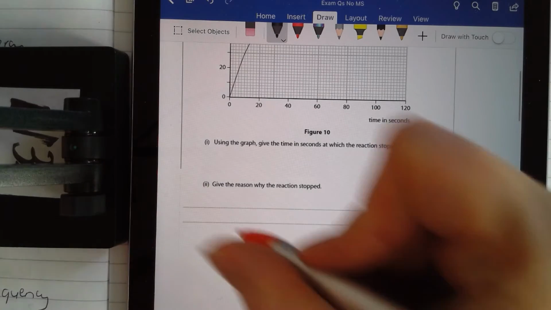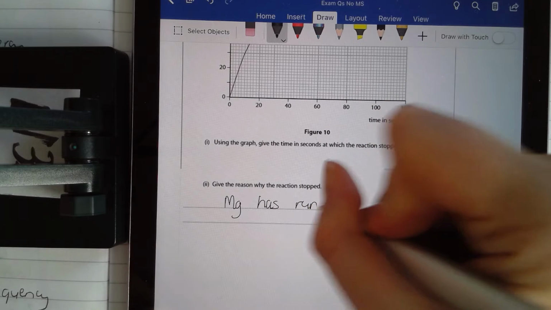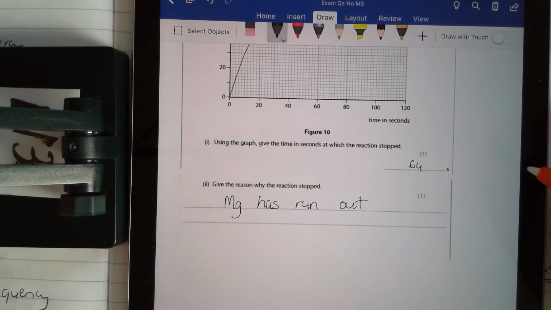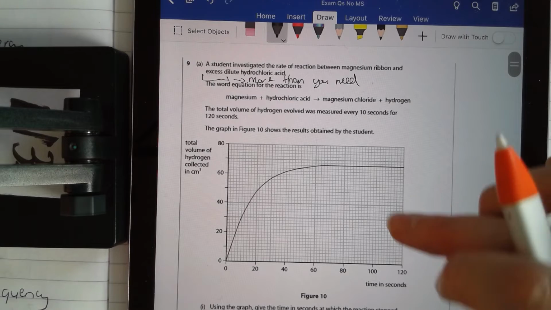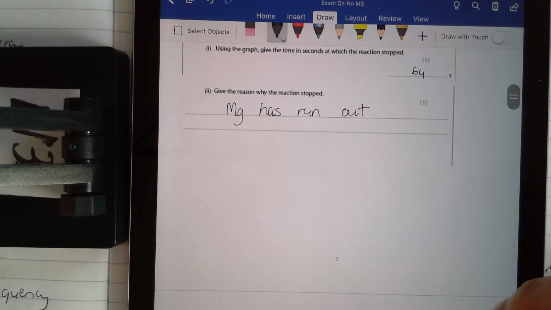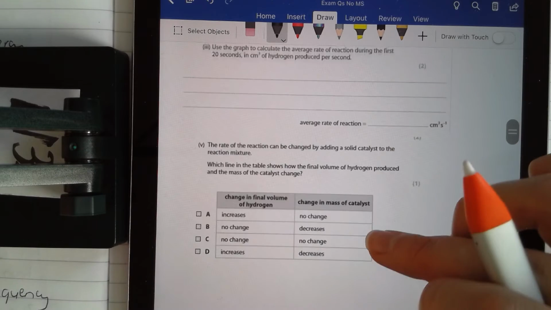So the reason it stops is because the magnesium has run out. If they hadn't told you something was in excess, you get the mark for saying that the reactants ran out. But because they've told you that hydrochloric acid was in excess, you need to specifically tell me that it's magnesium that has run out. Okay, I know that might seem a little bit harsh. Just make sure you're reading the question properly.